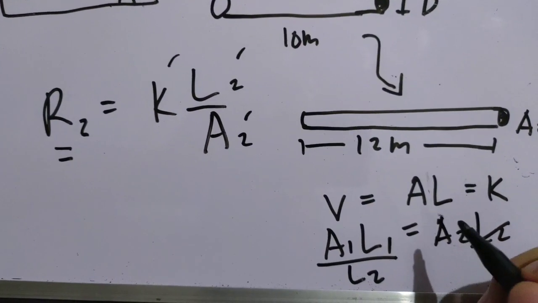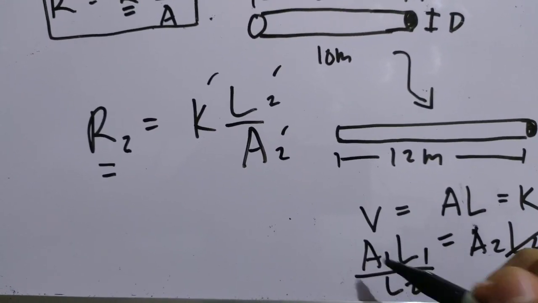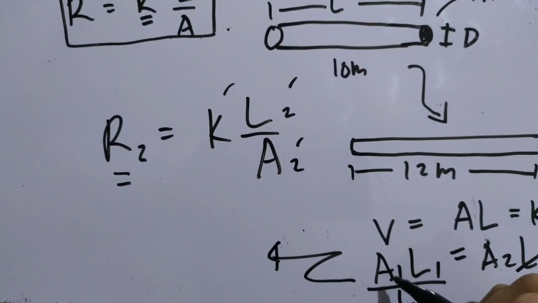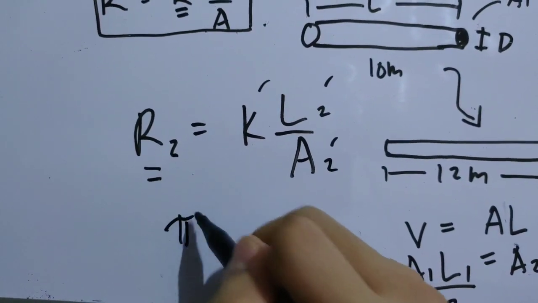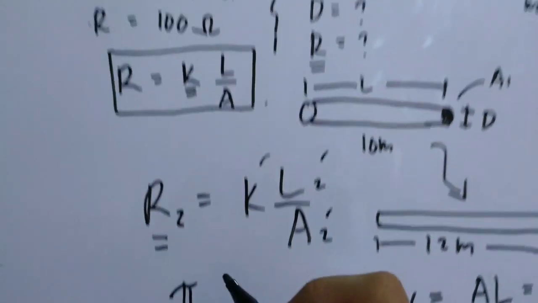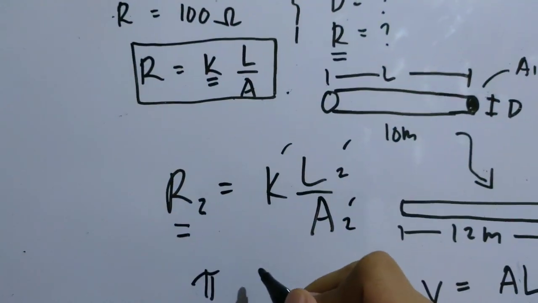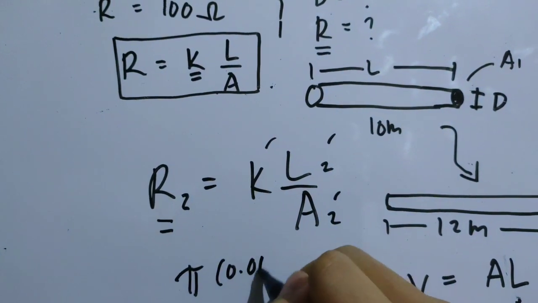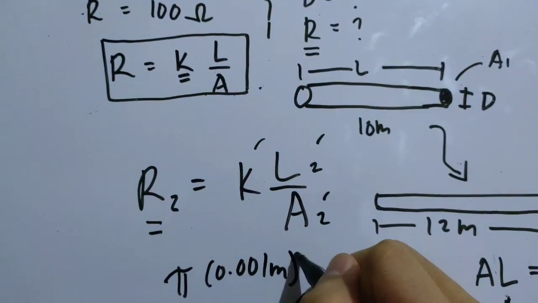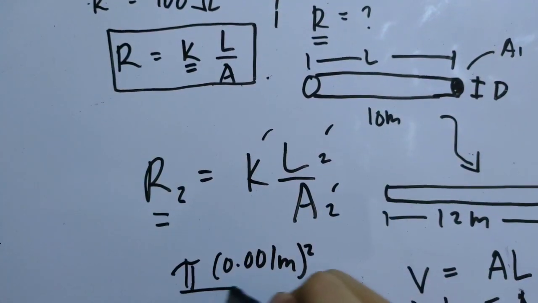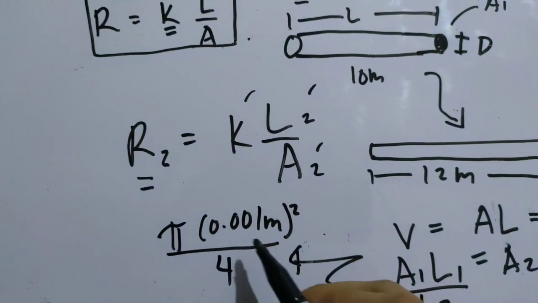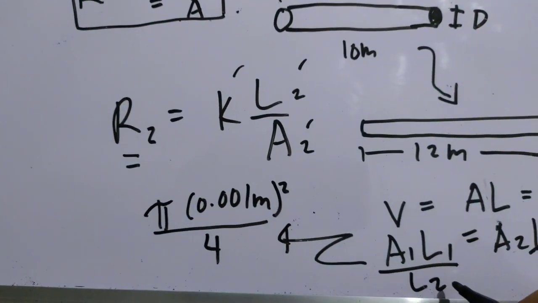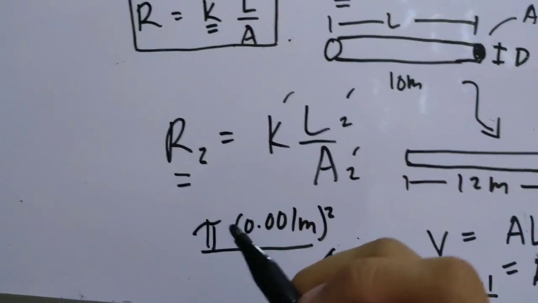So ito lang yung formula para ma-solve mo yung area 2. So i-solve natin. So mag-input na tayo ng mga values sa mga to. So ito magiging yung area 1 is equal to pi d squared over 4. So yung d1 is equal to 0.001 meter. 0.001 meter squared over 4. So ito yung area 1 times length 1 which is 10 meters divided by length 2 which is 12 meters.